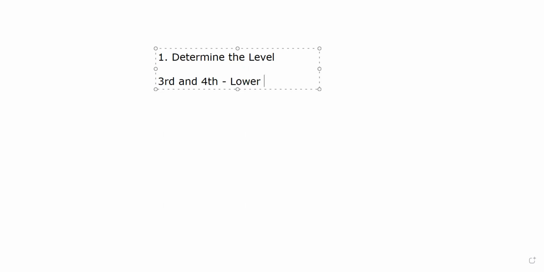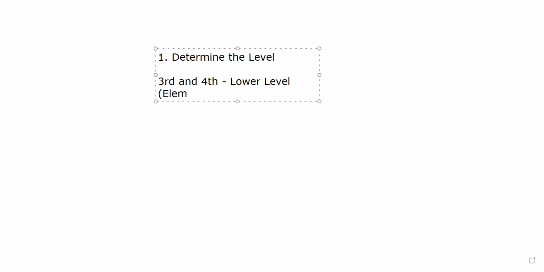So we first want to determine what level the student will actually be taking, because there are different practice guides for different levels. For starters, students who are currently in the third and fourth grade will be taking the lower level, or the elementary level, I like to say.